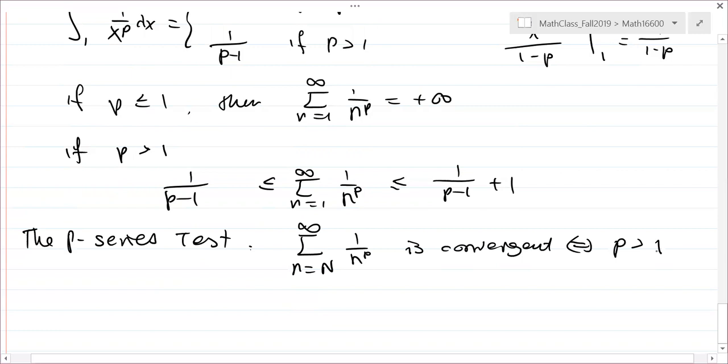If p is less than or equal to 1, it's divergent. When p equals 1, this harmonic series is also divergent. We will use that in the next class to prove something is convergent.